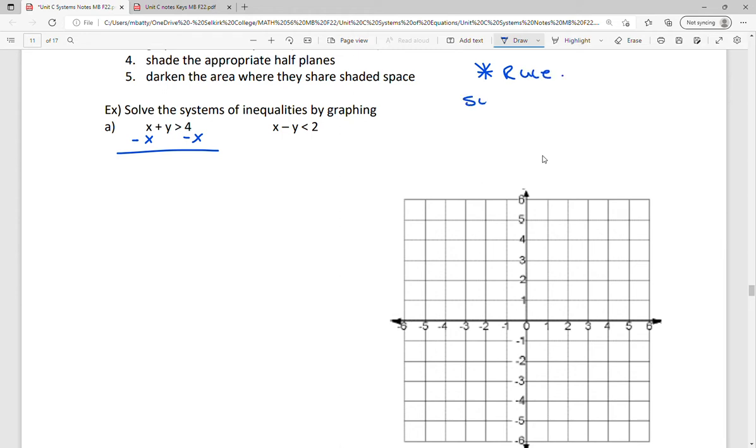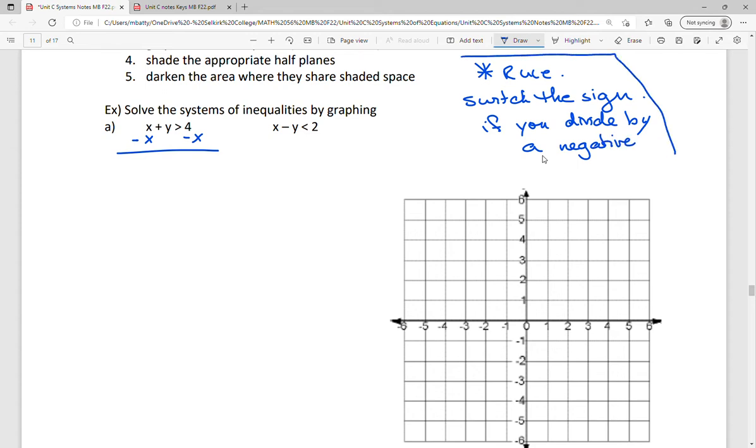It was switch the sign if you divide by a negative. So hopefully you're bringing that one forward with you from the last unit, right? Because that's going to be relevant as we move into these. You can subtract things. Fine, I didn't switch the sign there. But if you're dividing, then you do switch the sign.